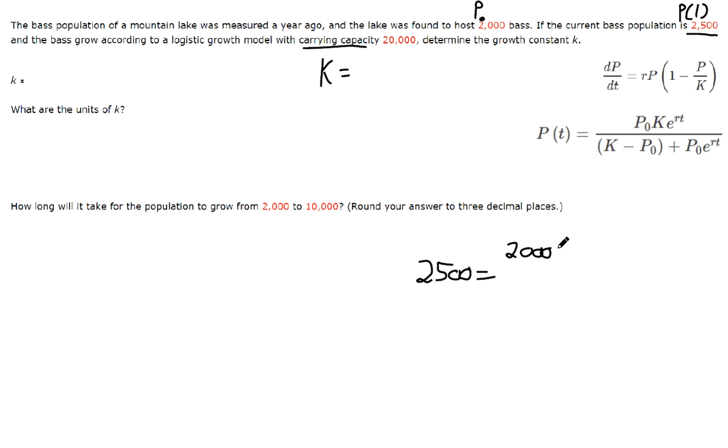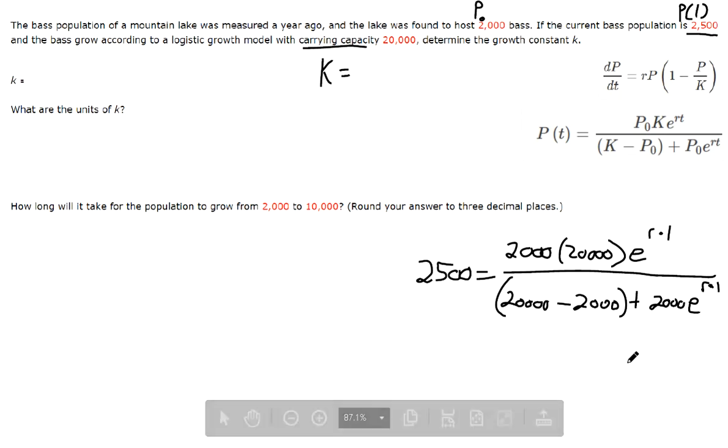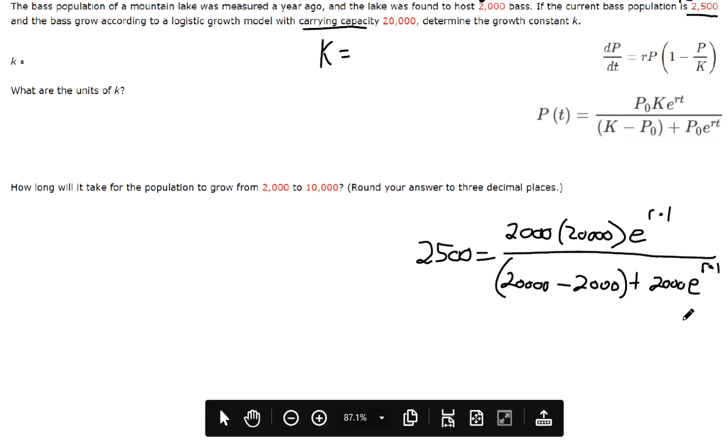The carrying capacity is 20,000, because capital K in our book's formula is the carrying capacity, times e to the R, which we don't know, times T, which is 1 in our problem, all over our carrying capacity, 20,000, minus the initial population, plus the initial population, times e again to the R times T power, and T is 1 in this case. So this is the equation we have to solve.